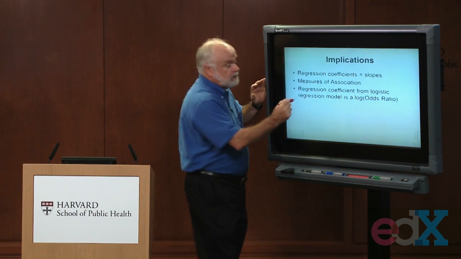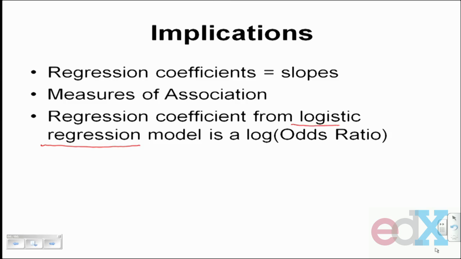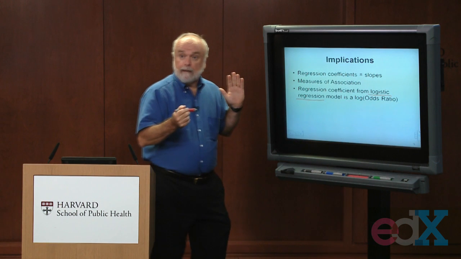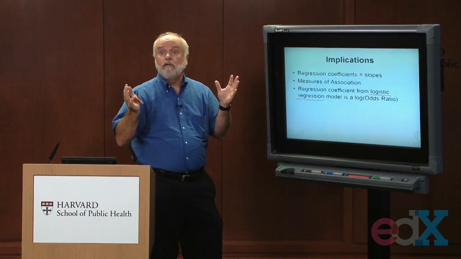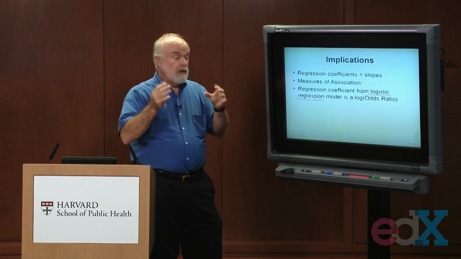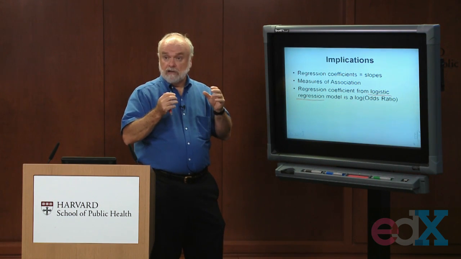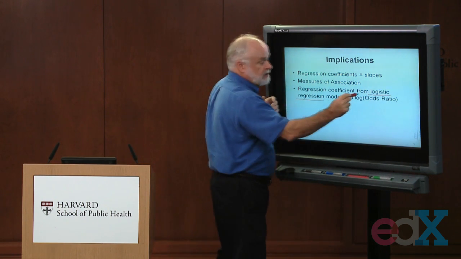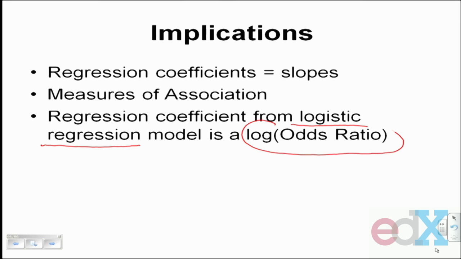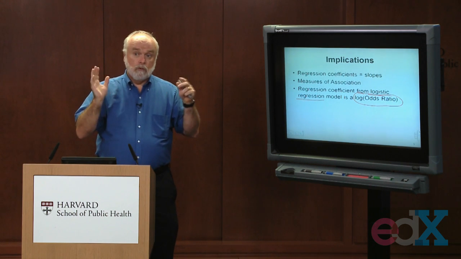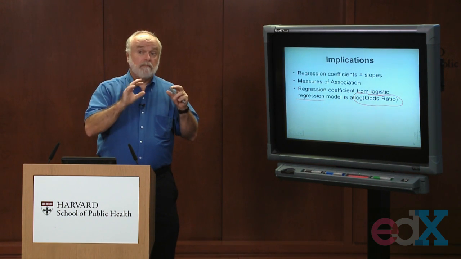And when you're doing logistic regression, which we'll be doing at the end of this course, you'll see this again at that point, and Stata will do this for you. It will report your results as odds ratios because these regression coefficients have the nice interpretation for logistic regression as being log odds ratios. So more on logistic regression when we get to the end of this course, but just keep in mind right now that these regression coefficients are nice measures of association.